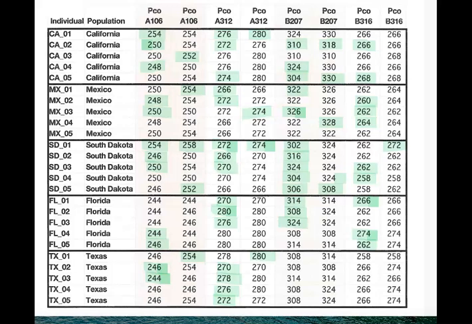In gene 207, we have 308, 314, and 324. And then in the last one, we have 258, 266, 262, 272, and 274.